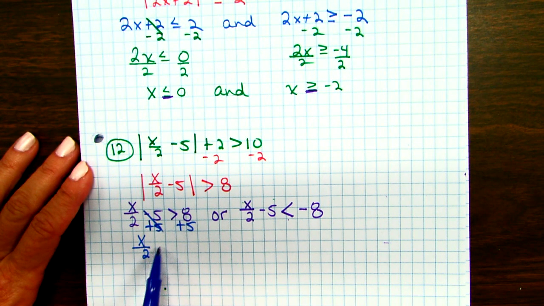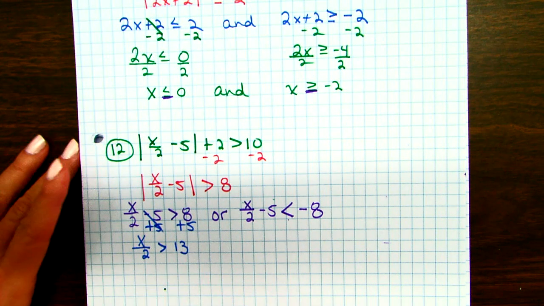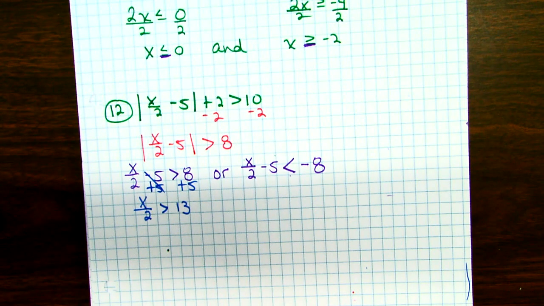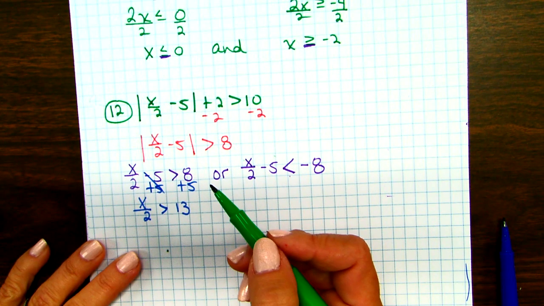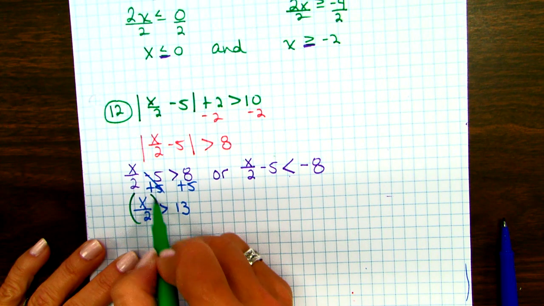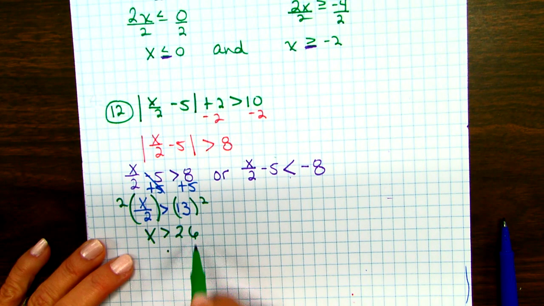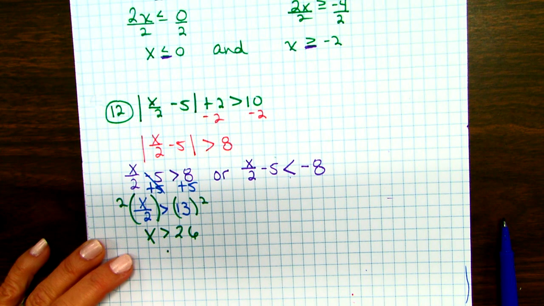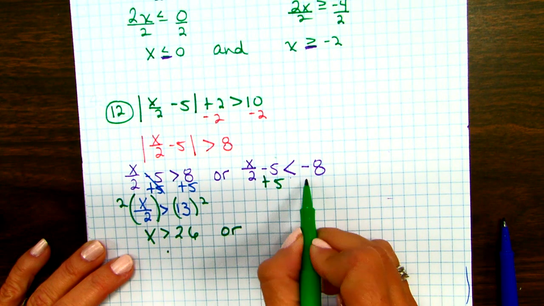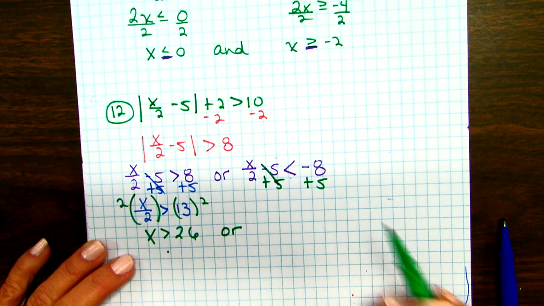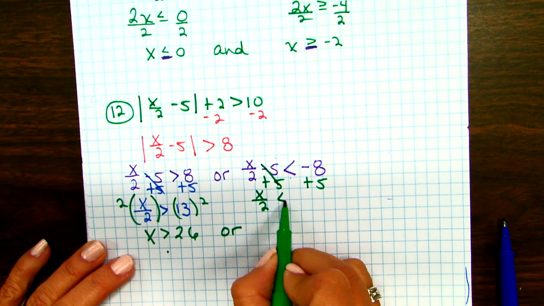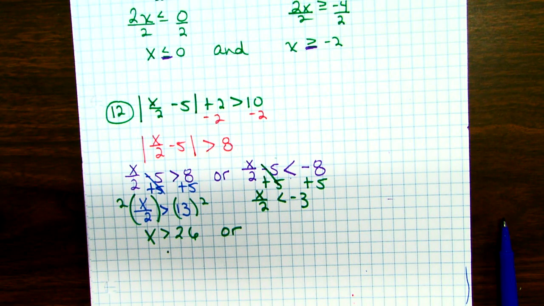X divided by 2 is greater than 13. Remember, x divided by 2. Opposite of division would be? Multiplication. You get x is greater than 26, or negative 8 plus 5 is negative 3.